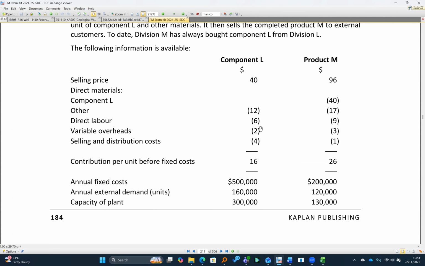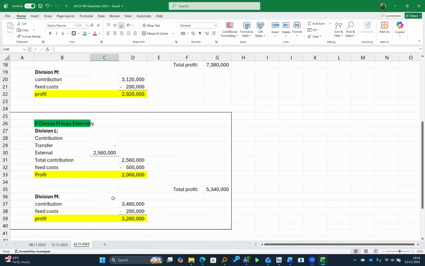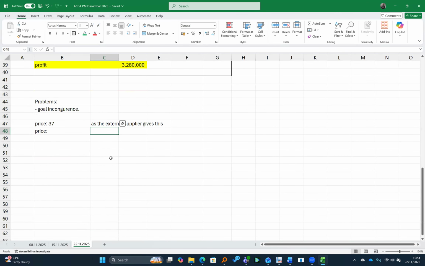But at the very least, they should charge them 40 minus this 4, because they are already charging 40 outside, where they are also incurring selling and distribution costs. So perhaps they should charge them 36, because this one removes the selling and distribution costs.